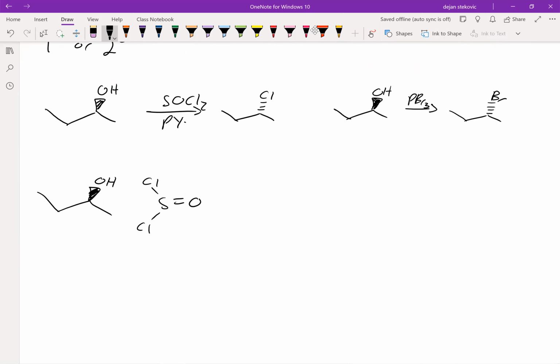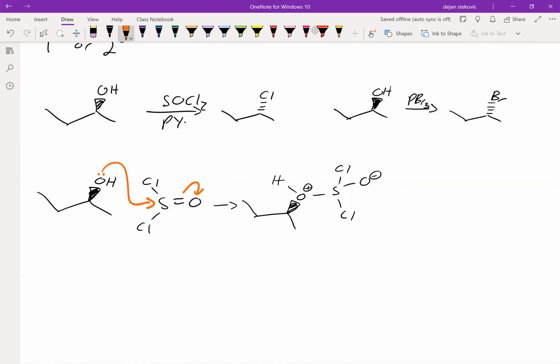So there's our SOCl2. What we're going to do is have our alcohol act as a nucleophile, attack the sulfur, and break this sulfur-oxygen pi bond. Don't forget all of your charges. It's easy to forget some of these charges.